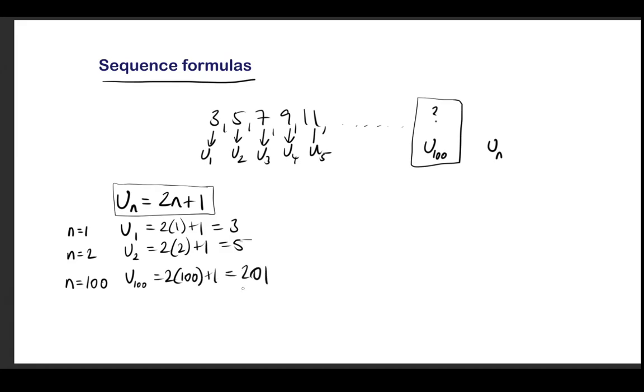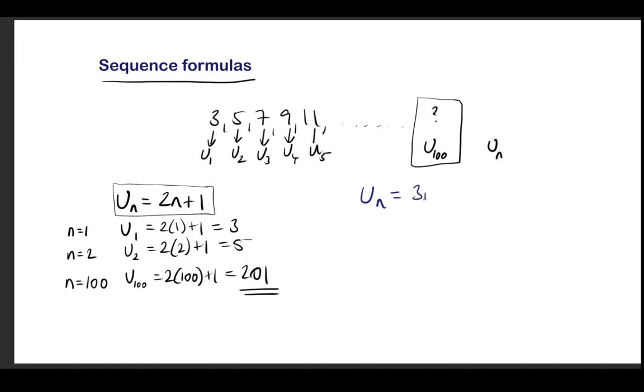So it's going to be 201. If you're given the formula, it's easy to generate the sequence. It can be as complicated as you want.